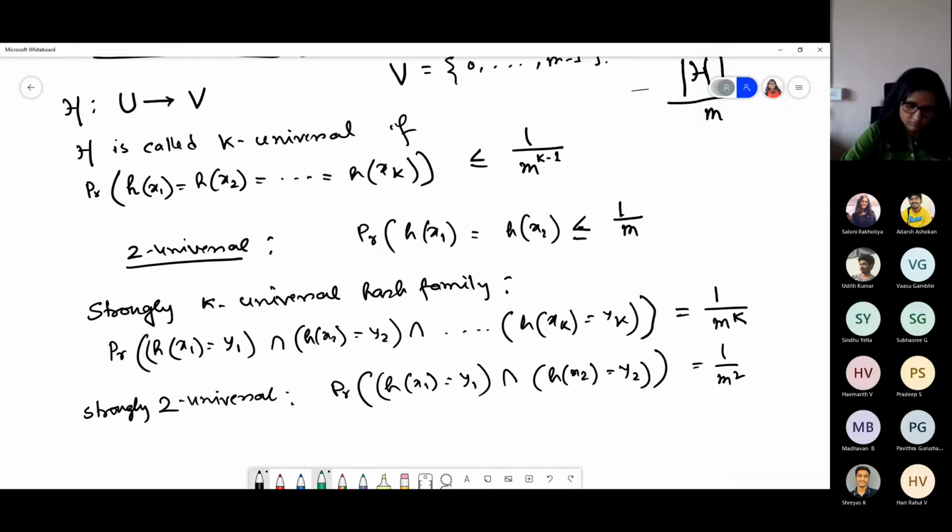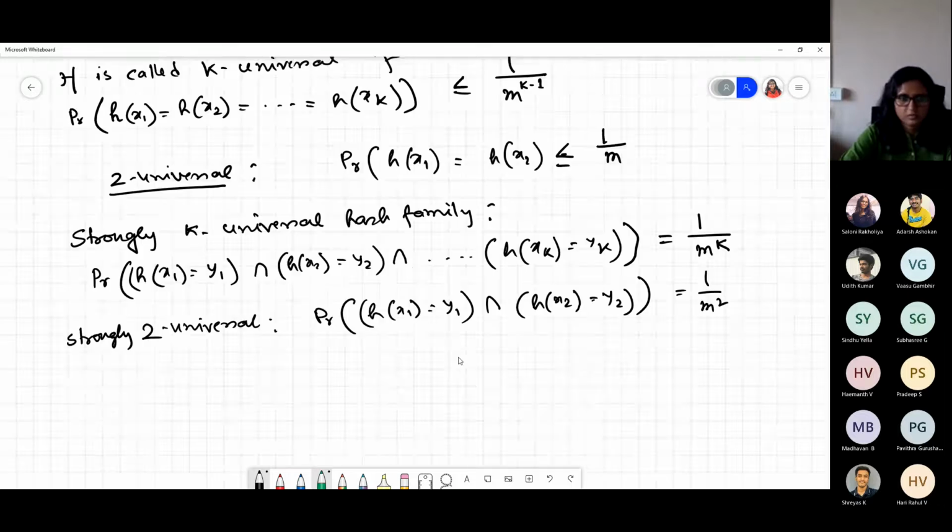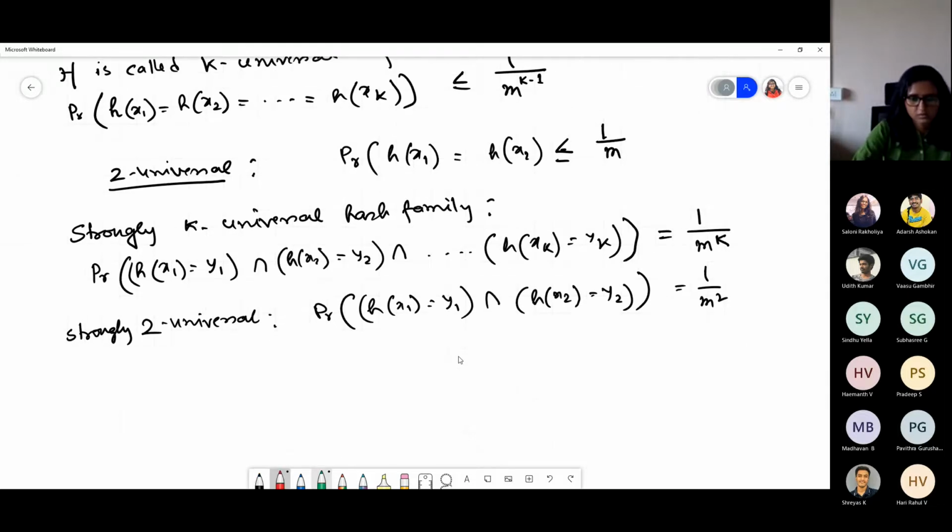This is called a pairwise independent hash function, and this one is called a random hash function.